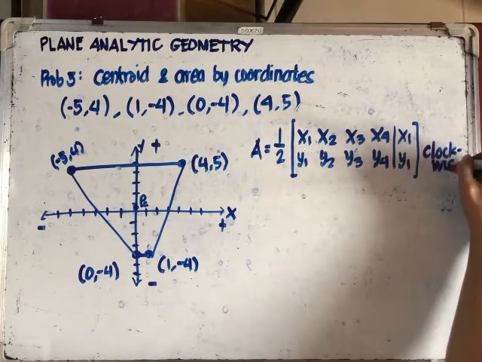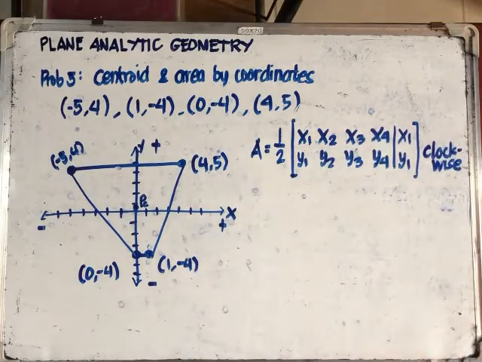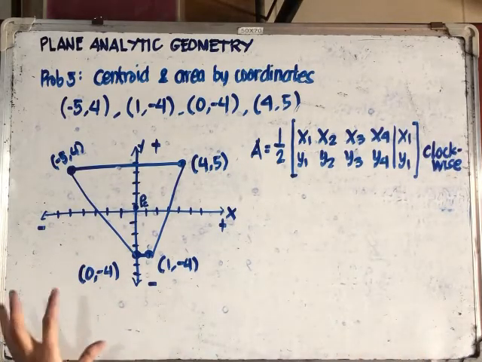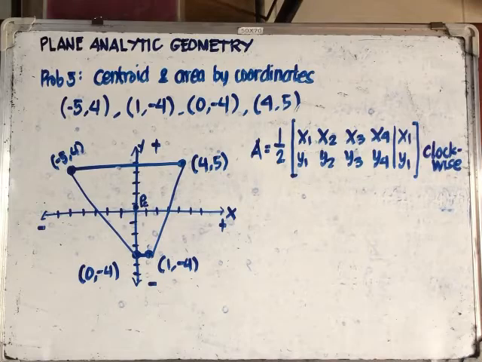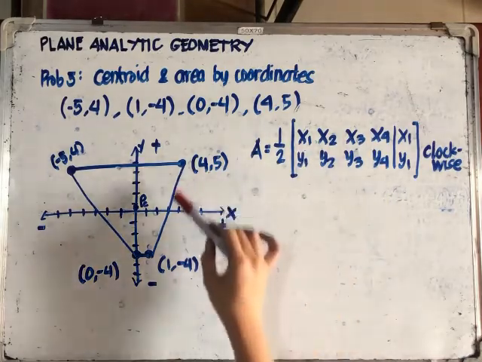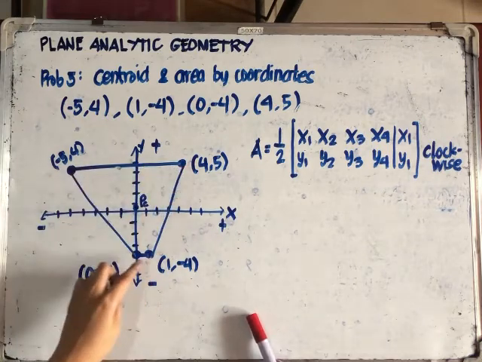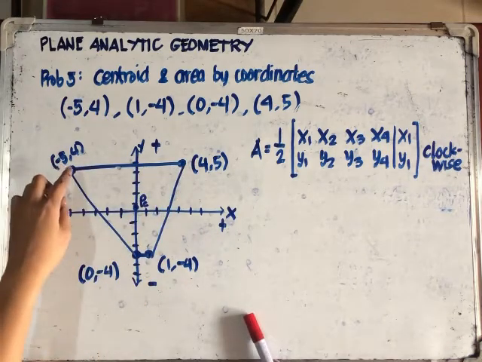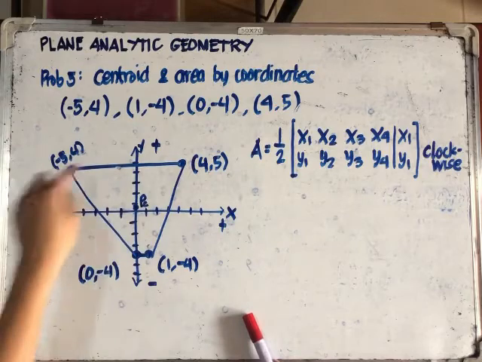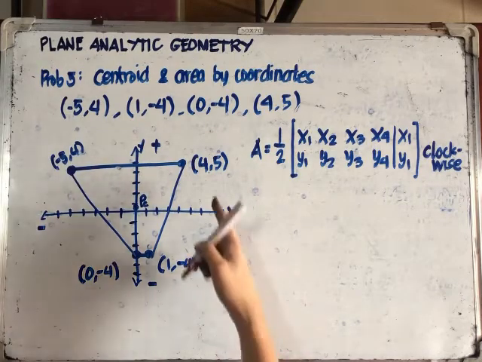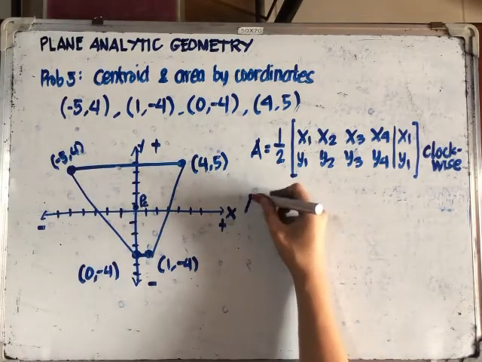So, ibig sabihin, hindi ka randomly magse-select ng x1, x2, x3, x4 dito. Okay? I-select mo siya or i-arrange mo siya in a clockwise direction. So, let's try to start dito kay 4, 5 natin.